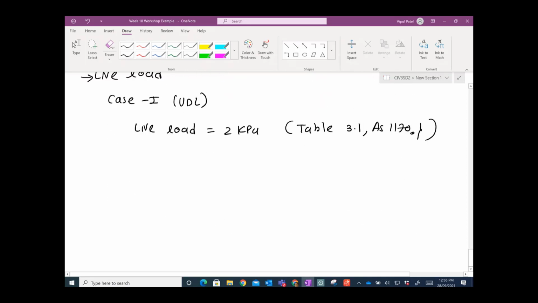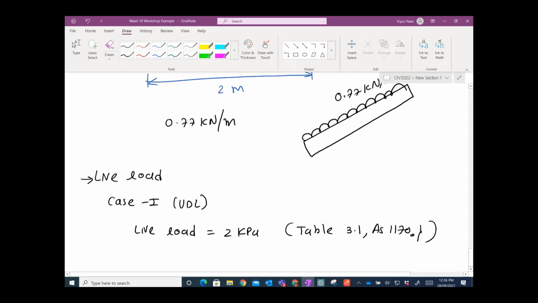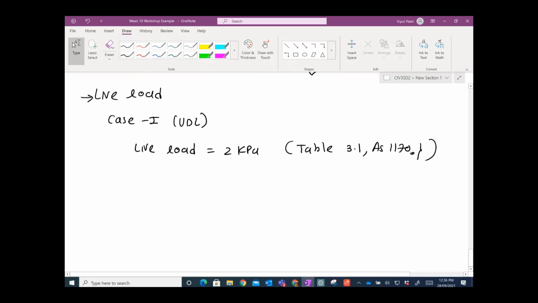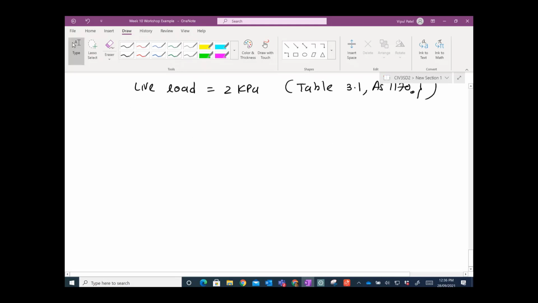All right, now that is the live load, 2 kilopascals. Now in that case we want to have a combination of those live loads. Okay, now let's do that. Let's do the live load things.